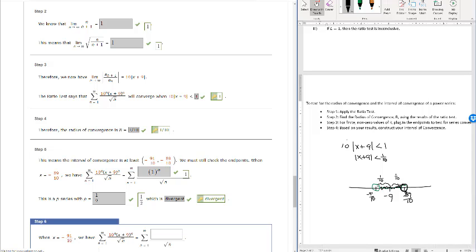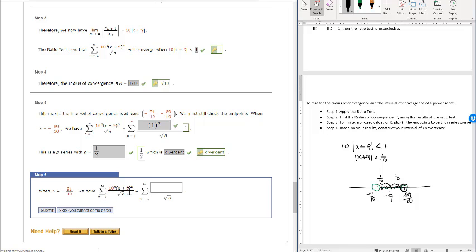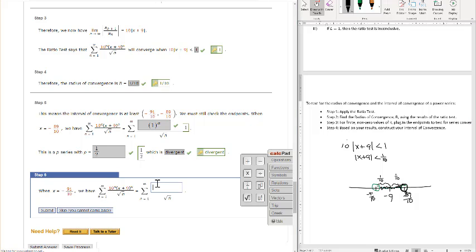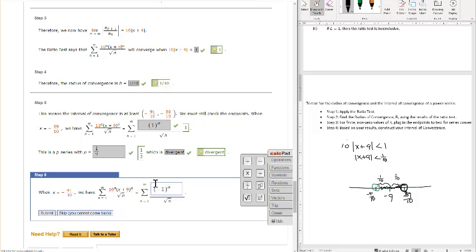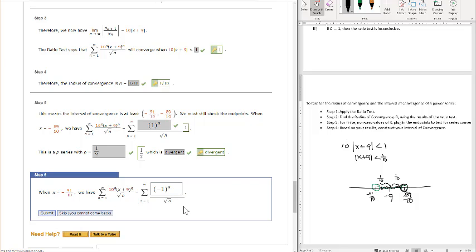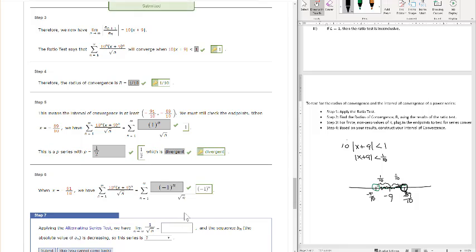The next question is what happens at negative 91/10. We do the same thing here, and just to save a little time, this is going to be negative 1 raised to the nth power, the same way we figured out the 1 to the nth power for the previous one. So we have an alternating series.